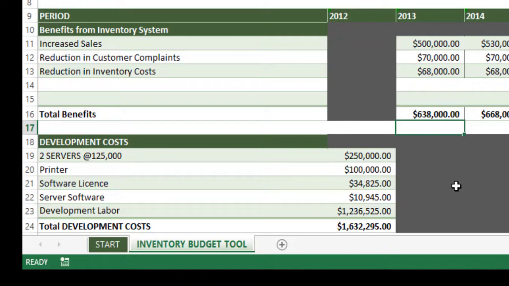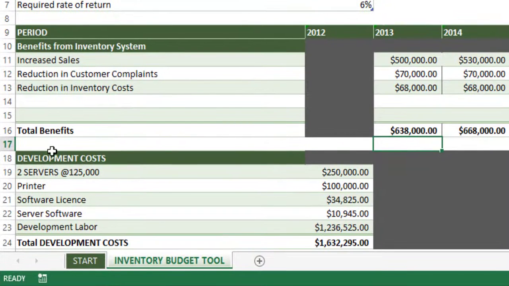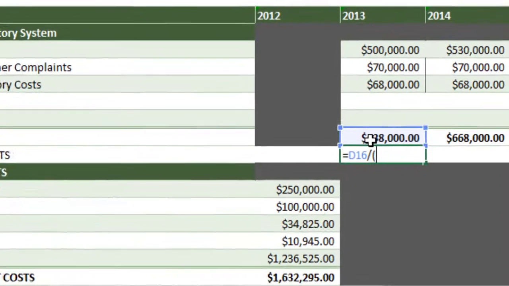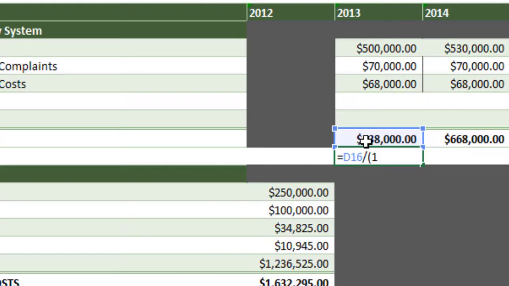So, for the first year, 2013, we are going to add a column here and call it PV of total benefits. We are going to compute it using this particular formula: the benefit divided by 1.06, then we raise that because that is for year 1.